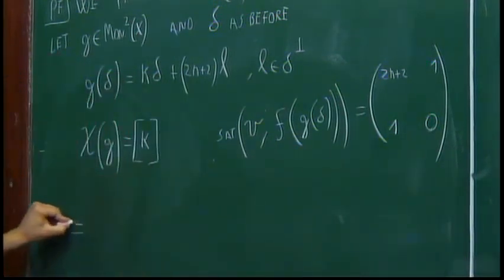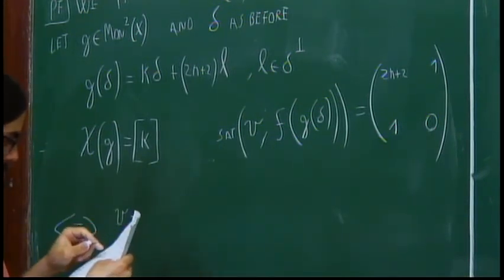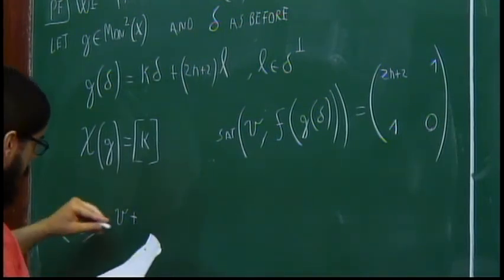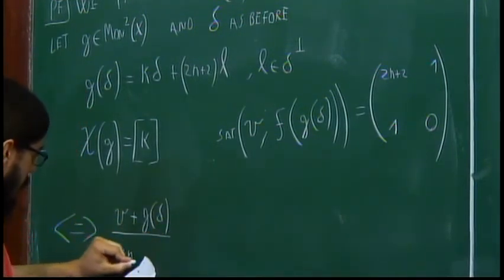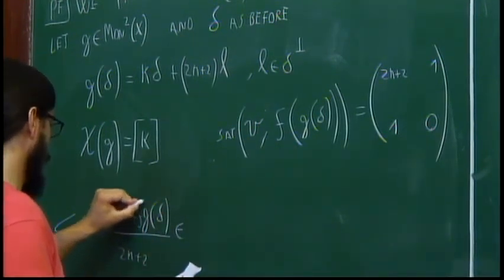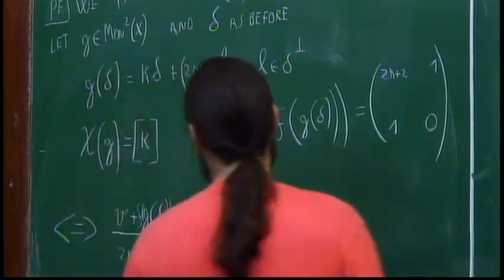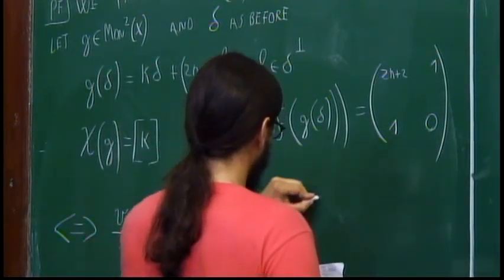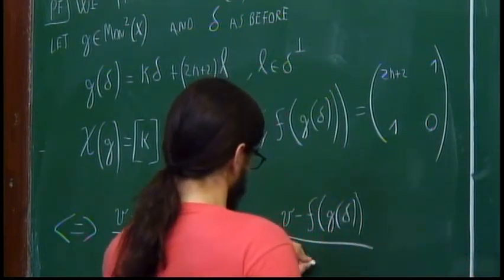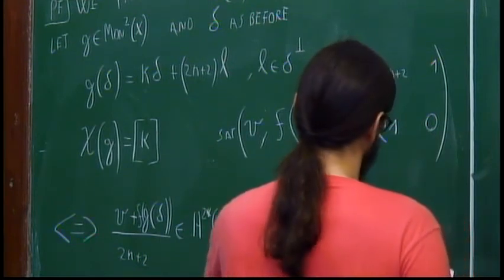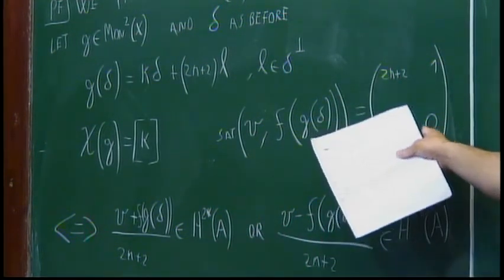So this means that V plus F of g of delta divided by 2n plus 2, or the same thing with the reverse sign, V minus F of g of delta, is in H2 star of A, so that they can generate this lattice.